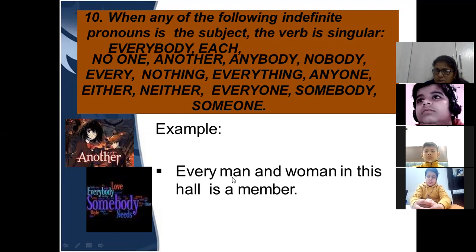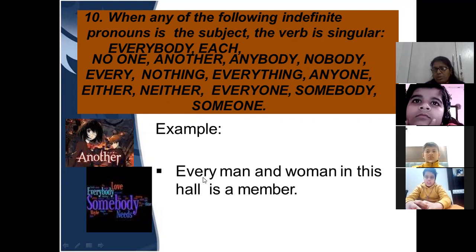With these two nouns also you can see this is singular. If it was plural, the spelling would have been men and women, right? But every means, if suppose there are 20 members, we are talking about each member. So when these pronouns are used, you are going to use the verb as singular. So every man and woman in this hall is a member, right?